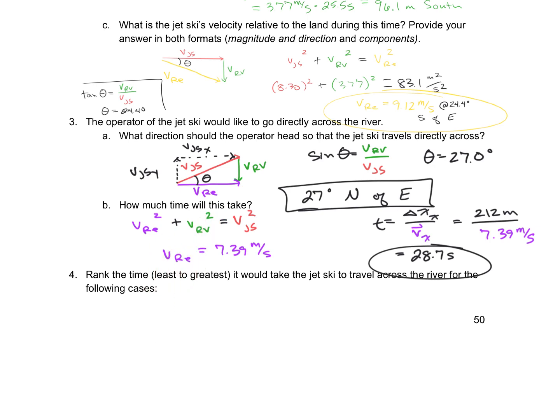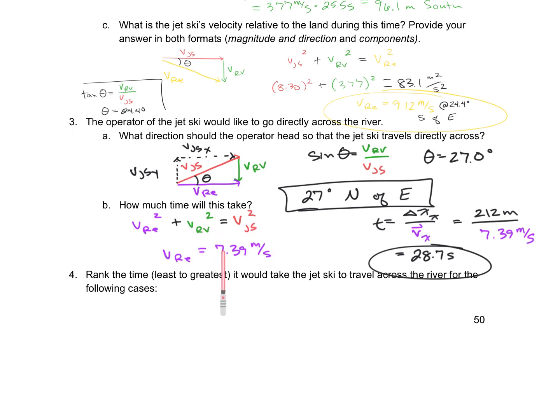Now, the question of how much time this will take depends on this final resultant vector. We know from previous problems that the displacement across the river in the x direction is 212 meters. So in this case, I used the Pythagorean theorem again to solve for the velocity of the resultant vector. I skipped some steps in showing my algebra, but the resultant vector squared is going to be equal to the jet ski's velocity squared minus the river's velocity squared.